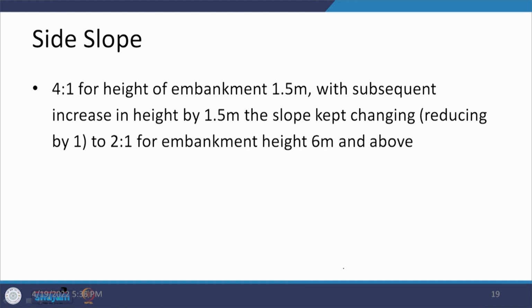When we are talking about the embankments, if the embankment is 1.5 meters high, then it can be 4 horizontal to 1 vertical, but as we keep increasing the height by 1.5 meters, we can reduce this particular slope by a unit value. That is how it keeps going, and by the time we are at 6 meters or above, we can maintain a slope of 2:1.